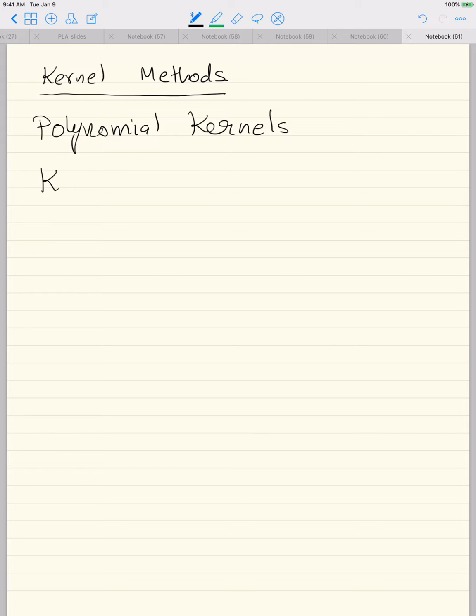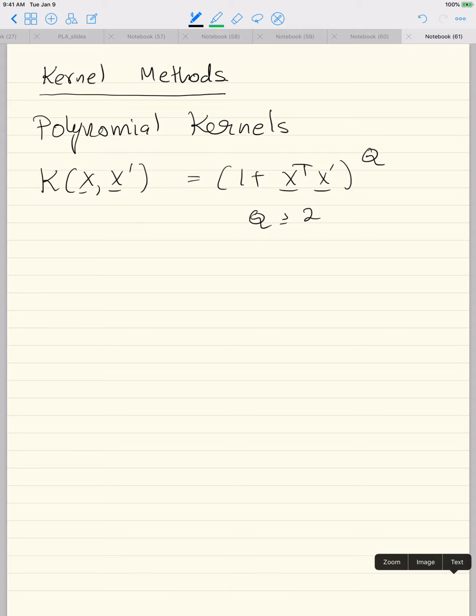A polynomial kernel takes two data points, x and x prime, and computes 1 plus x transpose x prime raised to q, the qth order polynomial kernel, where q is any integer that is greater than or equal to 2.